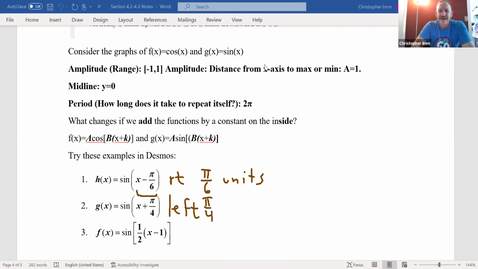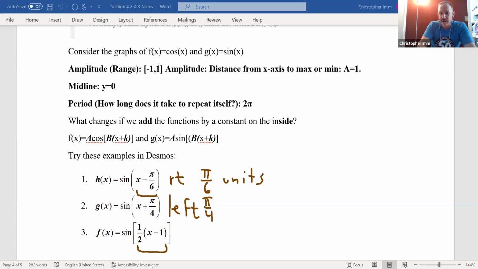Okay. All right. Finally, you could have multiple inside changes. And this gets a little bit more complicated. So what I would suggest, if you have some additive inside change, is to factor out what's in front of the x, if it's not already, so we can find that change.